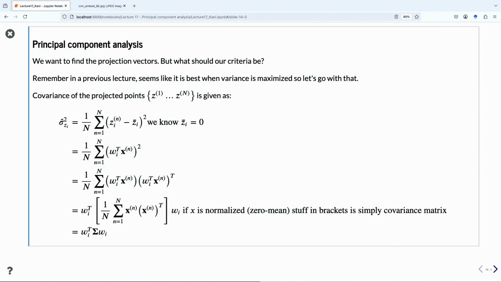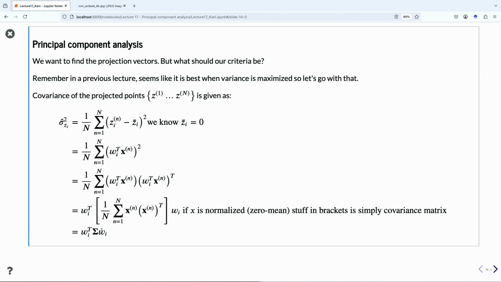Okay, so the whole thing together, what does this all mean? The covariance of the projected points along each dimension is simply equal to that dimension's projection vector transpose times the covariance of the original data times, again, the projection vector corresponding to that particular dimension.